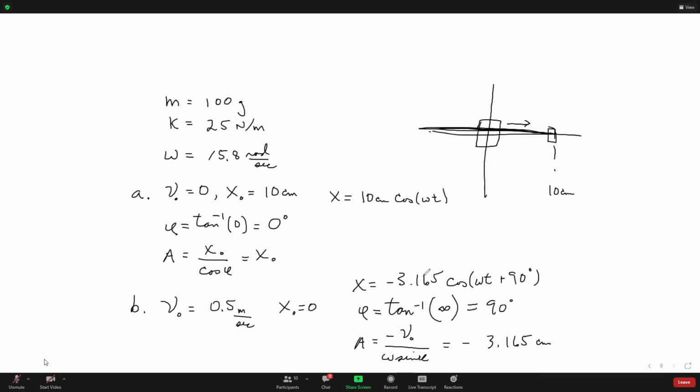You can get rid of the minus by changing the phase angle, but I wouldn't bother. Just leave it like that. So that's a perfectly good function. I can plug in t and find out what x is at any moment. Plug in t equals 0, cosine of 90 is 0, x is 0 at t equals 0. Okay, all is well.